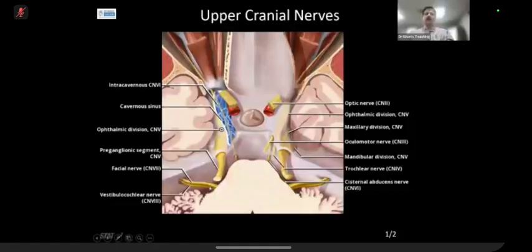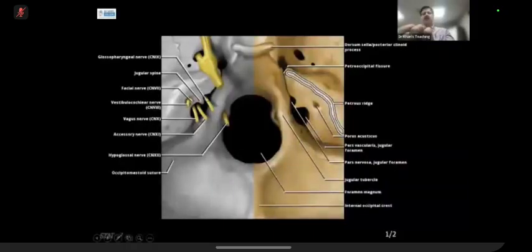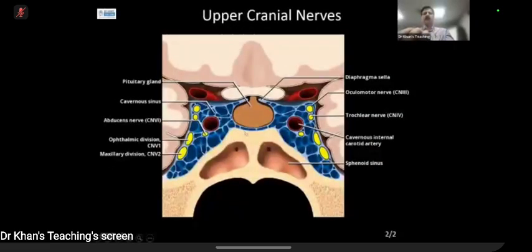Seventh and eighth nerves, they go into the internal auditory canal. And ninth, 10th, and 11th, they go into the jugular foramen. The 12th nerve, this is the hypoglossal canal, we'll cover it next time. So these are the nerves of interest today.